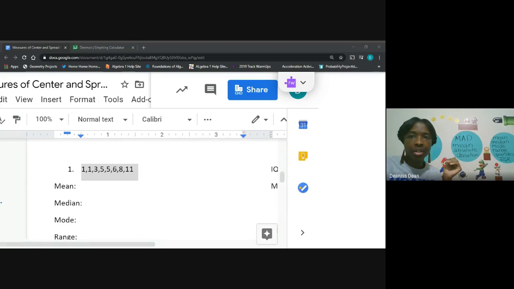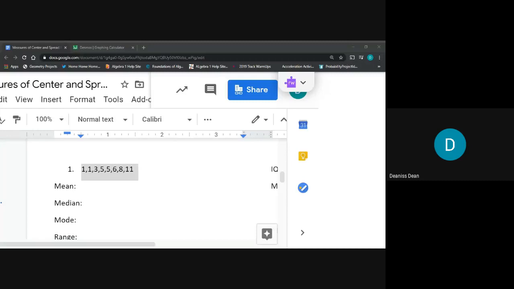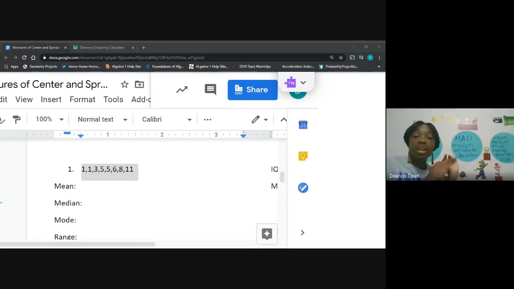And just letting you know, tomorrow is an even day, and then Friday is an odd day. Tomorrow and Friday, you're going to get assigned your assessment for the unit. It's a short project over statistics.